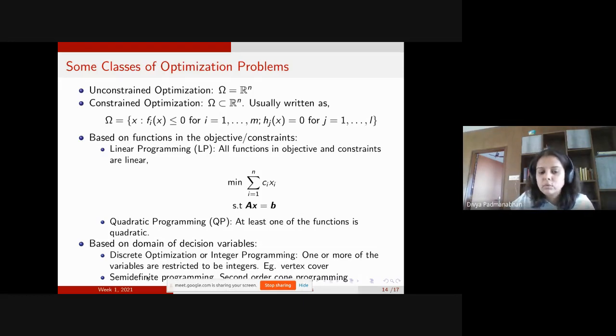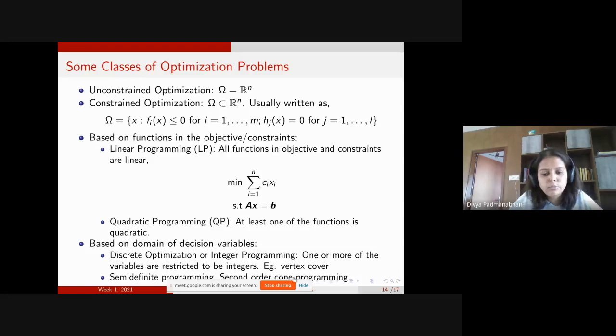Okay. Now, other types of optimization problems are semi-definite programming and second order cone programming. You don't have to know these at the moment, but these depend on the x's, the domain of these variables. In the case of semi-definite programs, these x's themselves are matrices, and they have some particular constraints there.